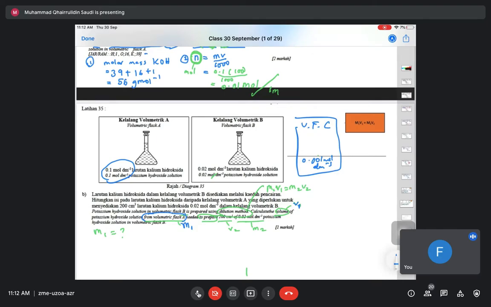Boleh faham? Baca soalan betul-betul. So our M1 is 0.1 mole per dm cube, because it is from volumetric flask A.